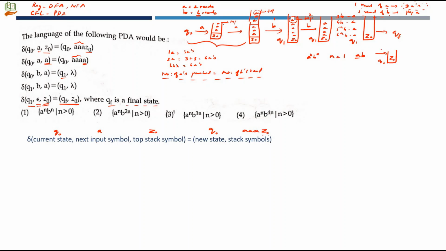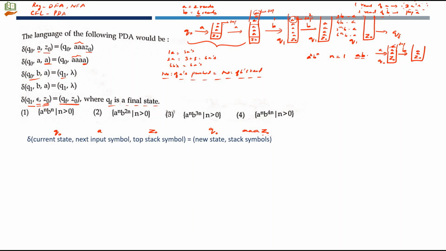So when we read A, 3 A's have to be pushed onto the stack. Next symbol will be B. When I read B from Q0, what should we do? We have to pop exactly 1 A. So we will pop only the first A, which is the top symbol, and we will have the remaining 2 A's along with Z0.